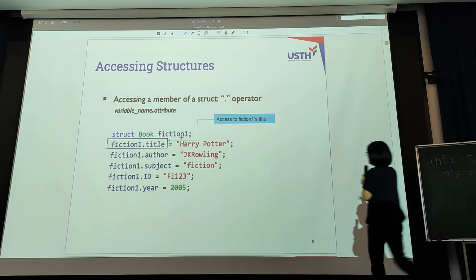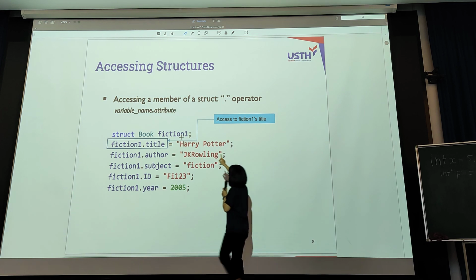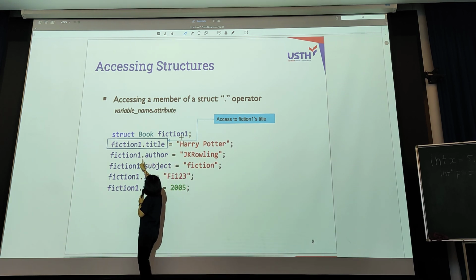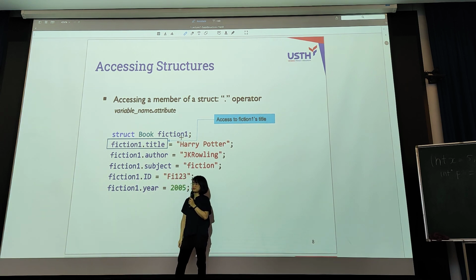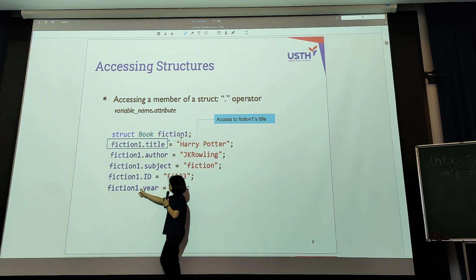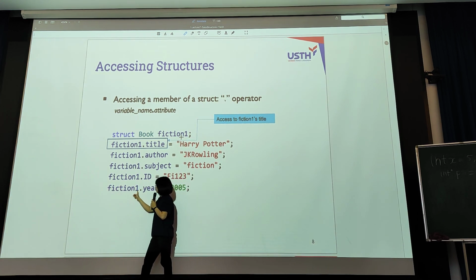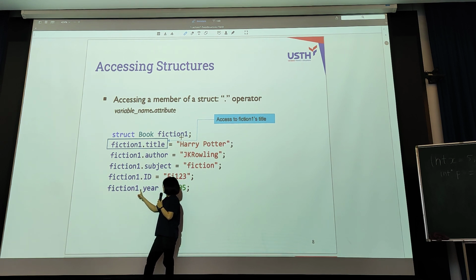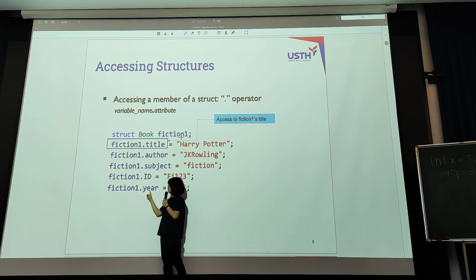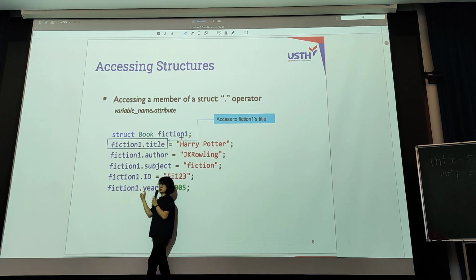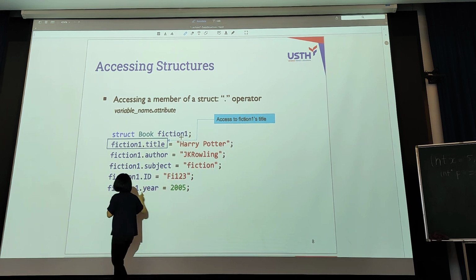And in order to access this, you will need to use the dot. Okay. The name of the variable, a book, dot, the information, the field. Dot year is when you access the year, to see the year of the book.